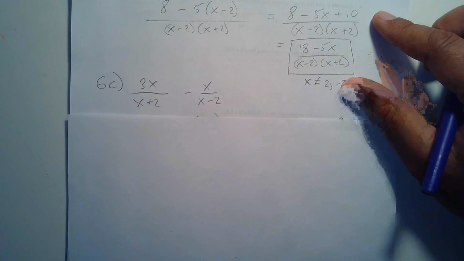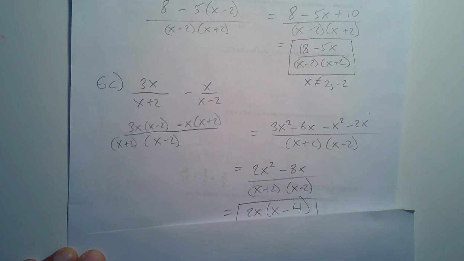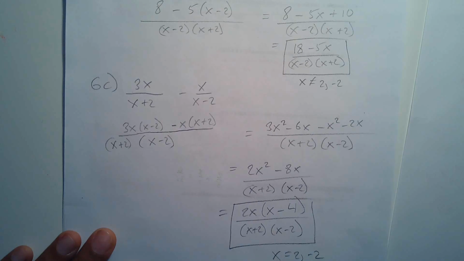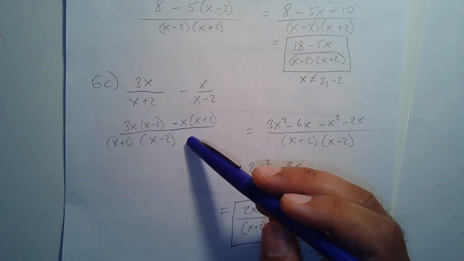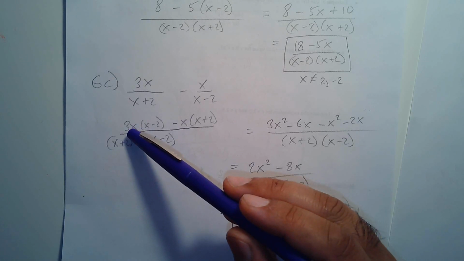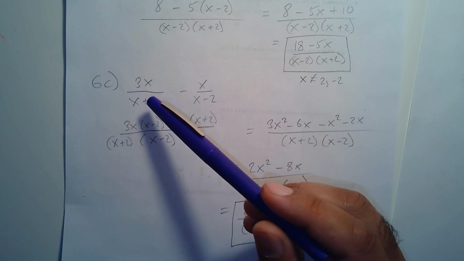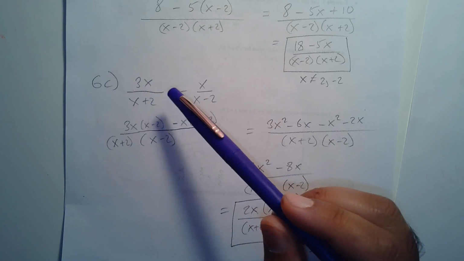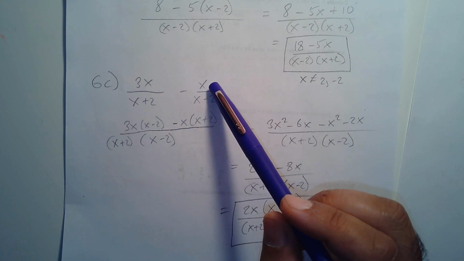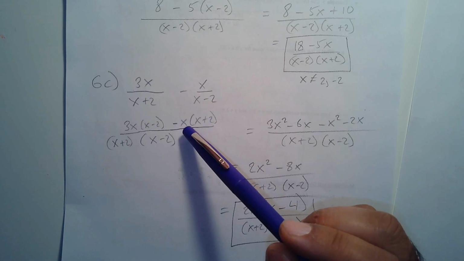Okay, 6C. Here, the denominators are not the same: x plus 2 and x minus 2. So what we can do is this one's missing the x minus 2, so I put x minus 2 with the 3x. And this one's missing the x plus 2, so I put the x plus 2 after x.